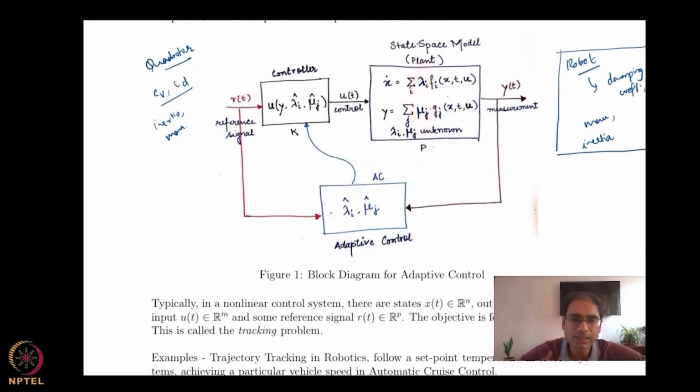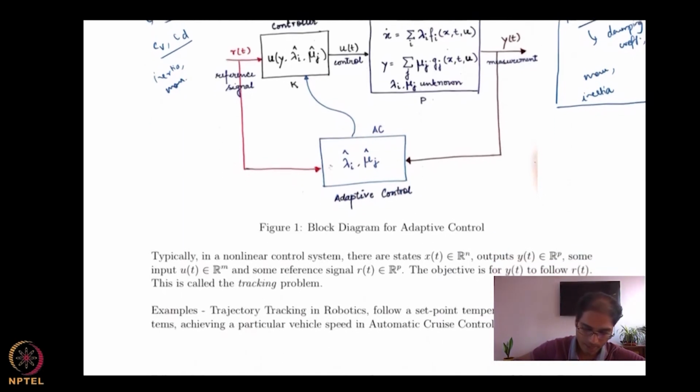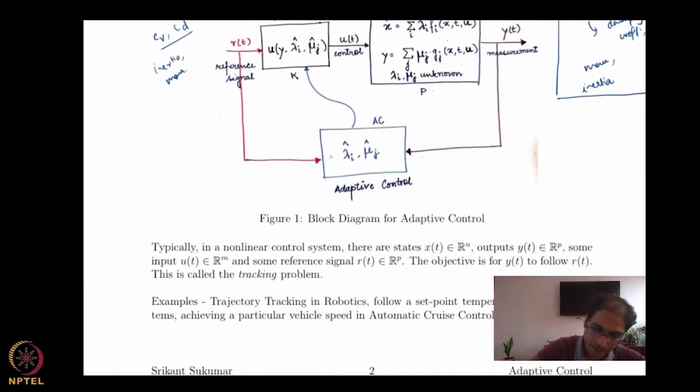This is not such a difficult assumption to justify, to be honest, and we will see in the future some examples of how to deal with parameters that appear nonlinearly by doing something like an over-parameterization. But we assume, for the purpose of this course, that the parameters appear linearly and that the parameters are constant.